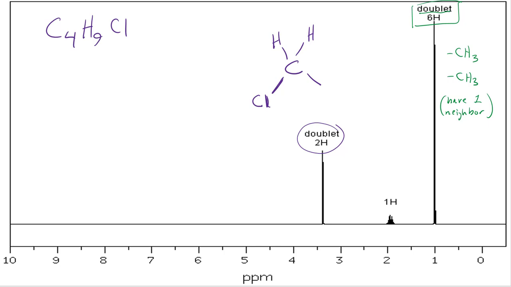The last signal here is a multiplet that integrates to 1 hydrogen. So we have a carbon that has 1 hydrogen on it, is attached to 3 other things, and has a lot of neighbors.